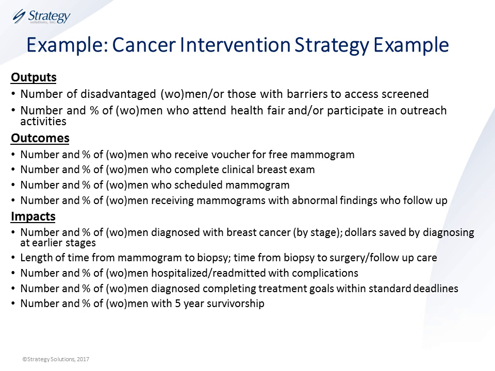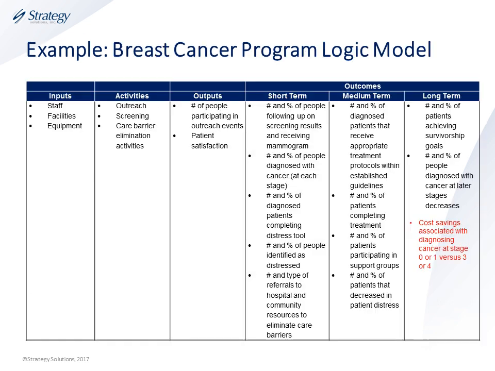And then the impacts might be the number and percentage of people by stage who were diagnosed with cancer, and then dollars saved by screening and diagnosing at an earlier stage. The length of time, the number of people who are readmitted, the number of people who receive treatment within the standard guidelines, and then the number of people with 5-year survivorship, actually tracked over time. So these are examples of how they fit into a logic model.